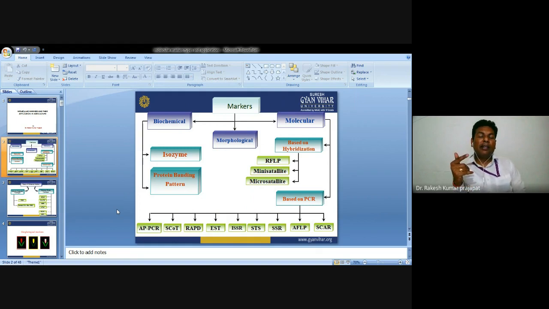These morphological markers can be visualized by our naked eyes, so we call them naked eye polymorphism, because polymorphism is nothing but different forms of a particular trait. We can easily see the morphological traits by our eyes. So these morphological markers are also called naked eye polymorphism.